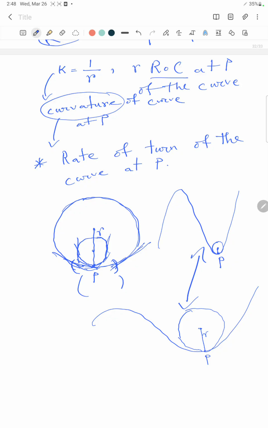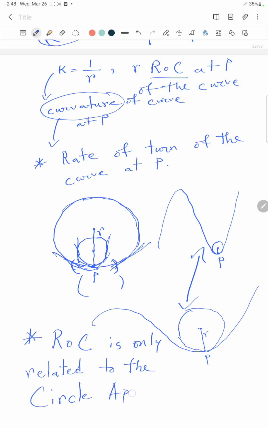So the major thing to remember behind the whole learning is the one line: the radius of curvature is only related to the circle approximation of the curve at the point P. So this is the major thing.